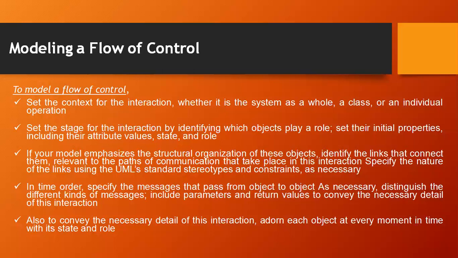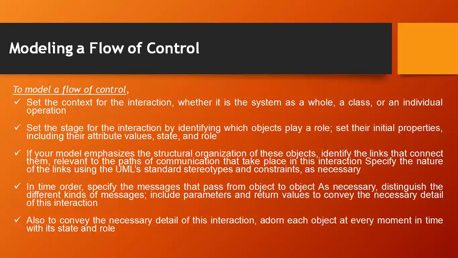If we need to emphasize the structural organization of these objects, we need to identify the links that connect them. We need to identify the relevant paths for communication that take place in the interaction, and specify the nature of the links using the UML standard stereotypes and constraints as necessary.